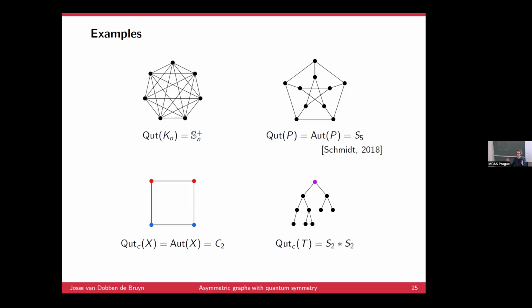For disjoint unions of isomorphic graphs, we get the wreath product, if I recall correctly. If it's disjoint unions of non-isomorphic graphs, then you get the C-star algebraic free product, not the group theoretic one. Yes, it's going to be infinite dimensional, with just four vertices.